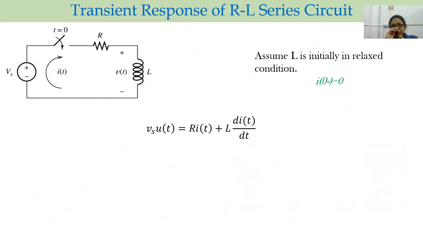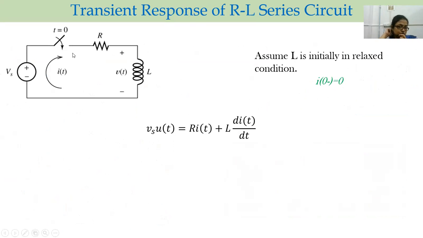Now, coming to today's topic: transient response of RL series circuit. Here I have considered one RL series circuit with one voltage source Vs and one switch.